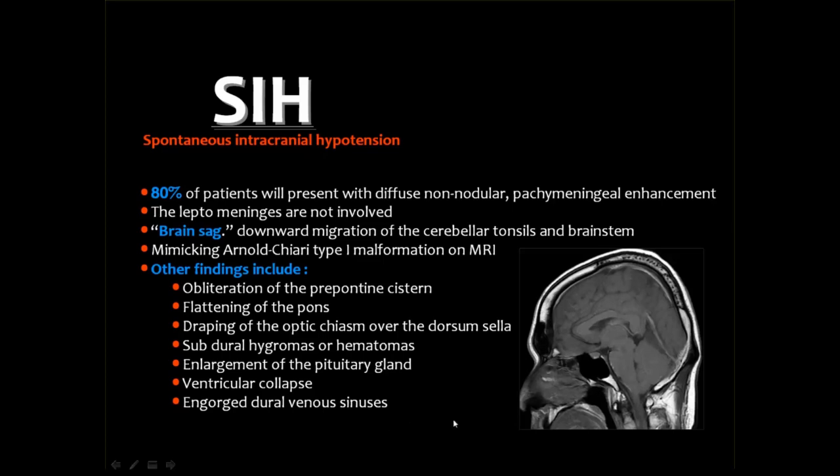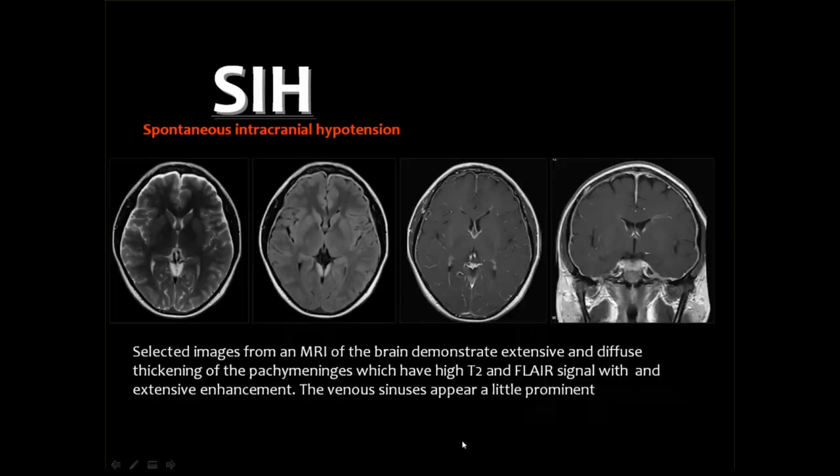And I think that this is one of the helpful diagnostic criteria: if you see diffuse pachymeningeal thickening and enhancement associated with dilatation of the dural venous sinuses, you may spot the diagnosis of spontaneous intracranial hypotension.